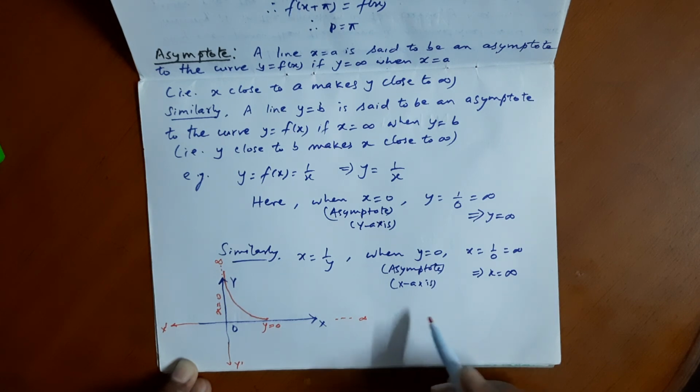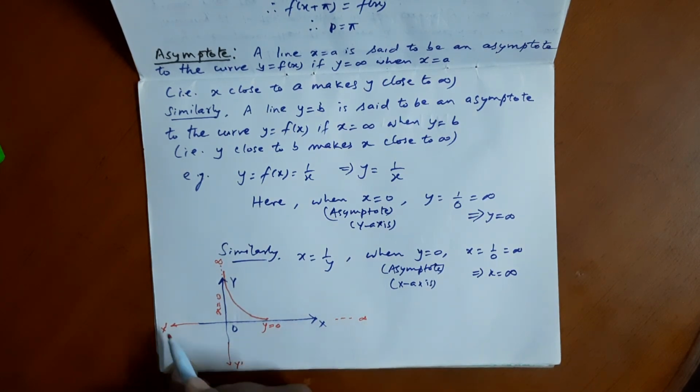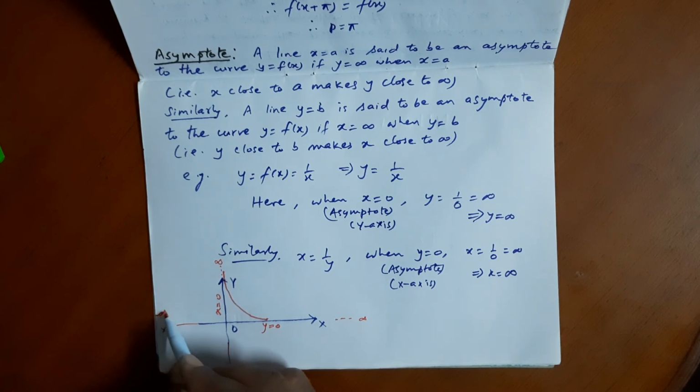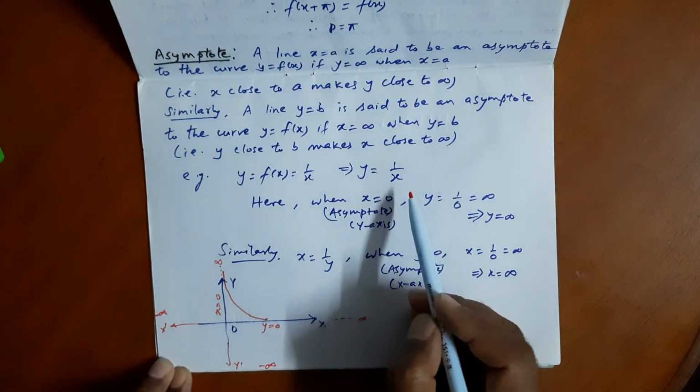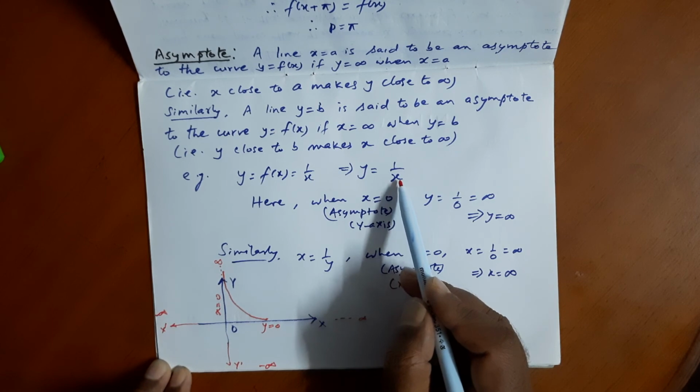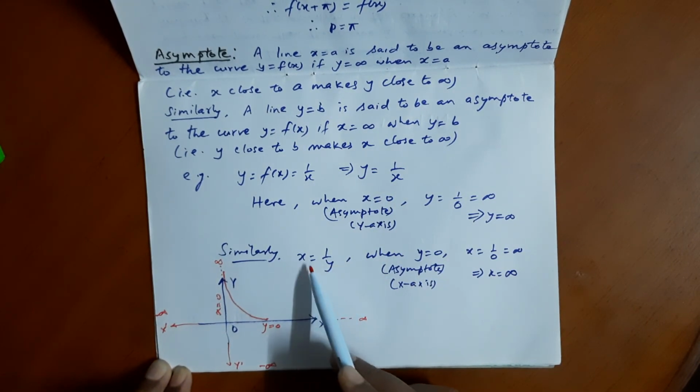Similarly, when x equals minus infinity, very far at the end on the left side, y equals minus infinity means also it will be very far below this, and when x equals minus infinity, at that time also y is equal to 0. When y equals minus infinity, x will also be 0.